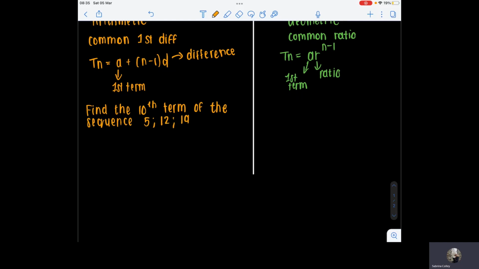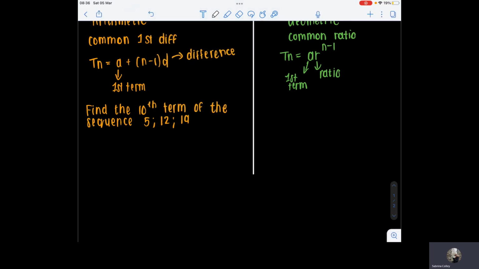Right off the bat, they don't tell us if it's arithmetic or geometric. You know it's arithmetic because I put it in the arithmetic section, but you have to establish whether it's arithmetic, quadratic, or geometric, because then you can start using those theorems.